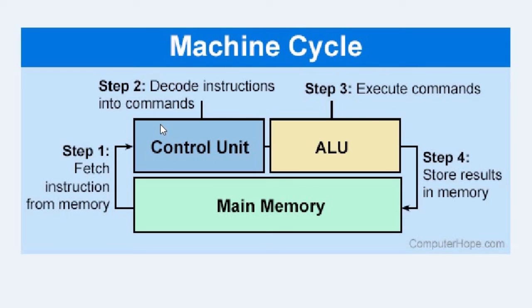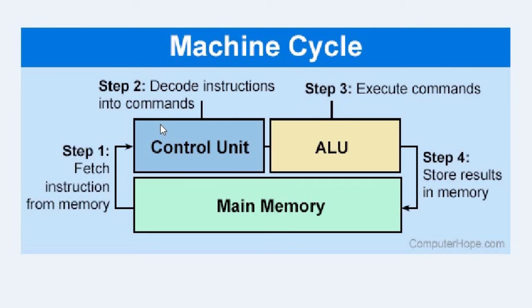So when you give instruction through the input unit, the instruction goes to the storage. Then the control unit will pick that instruction and convert it to commands, then move those commands to the ALU. The ALU will analyze everything that will be needed to perform that command.